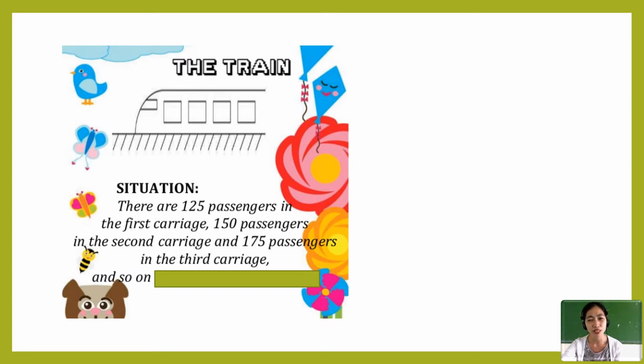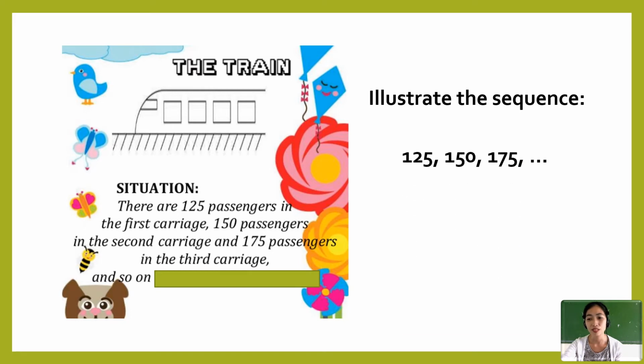Now, if this pattern continues, I would like you to illustrate the sequence involved in this situation. So what is the sequence involved here? We have 125, 150, 175.